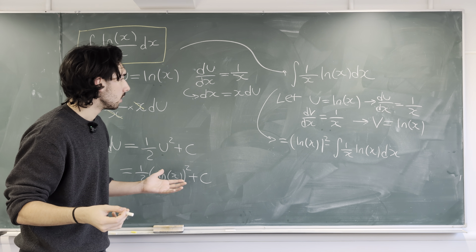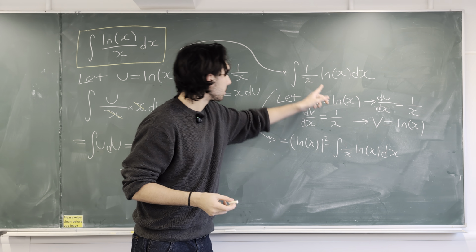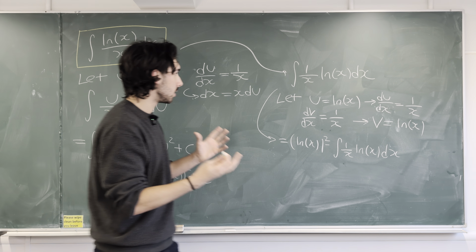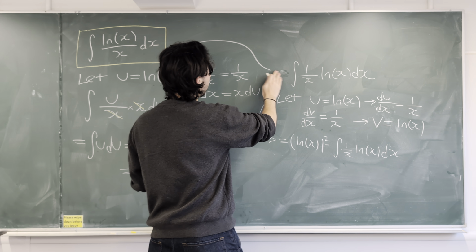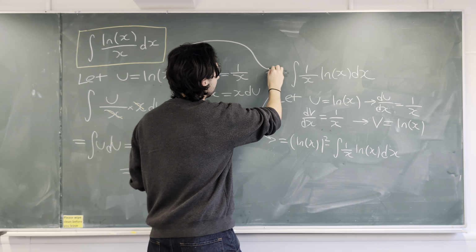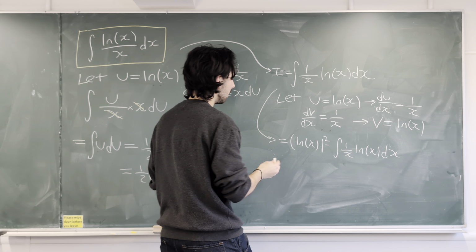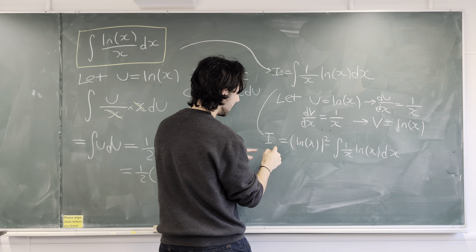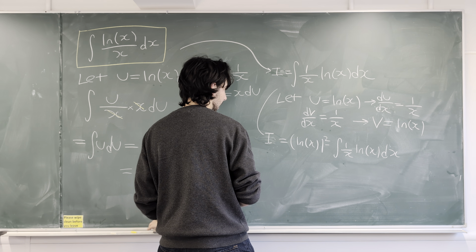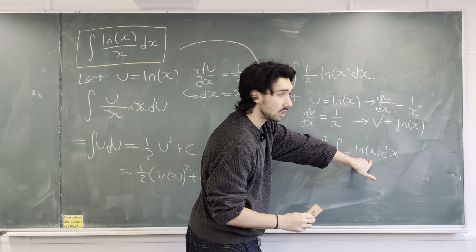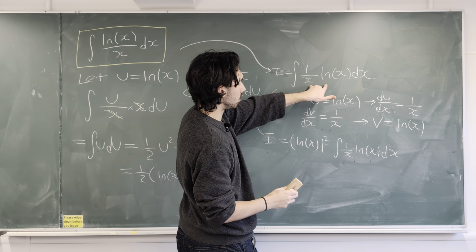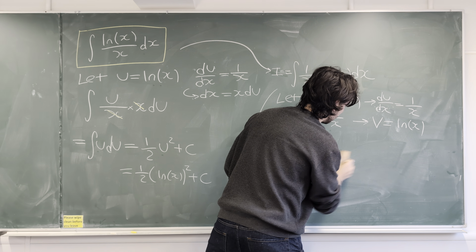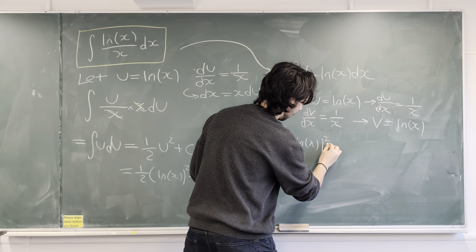What's happened? We've just got back to where we started. But actually, guys, it's not a big deal. If we quickly label this, maybe I'll call it the letter I, then hopefully it makes sense to say that we have the equation I equals the natural log of x squared minus this integral, but this integral is also just equal to I. So minus I.